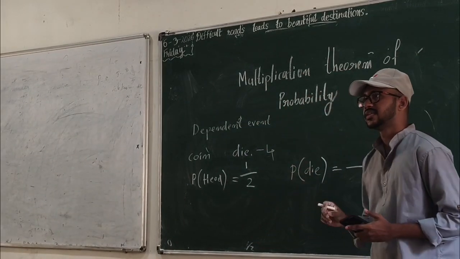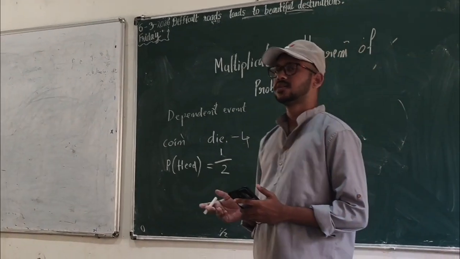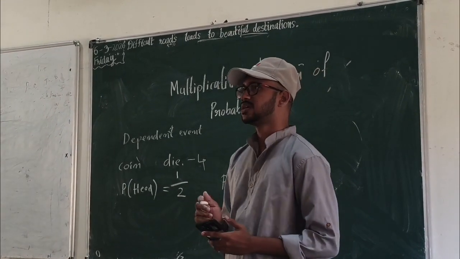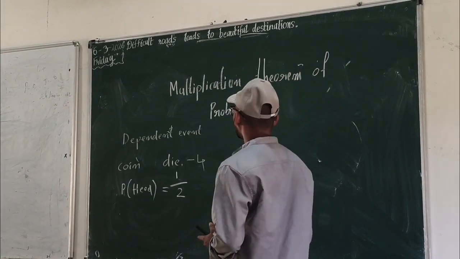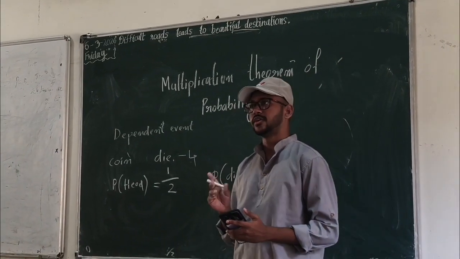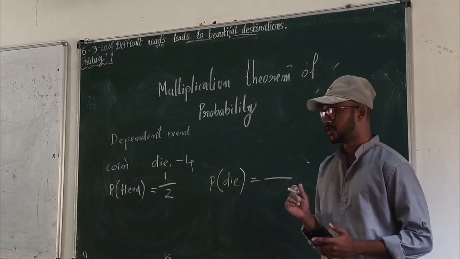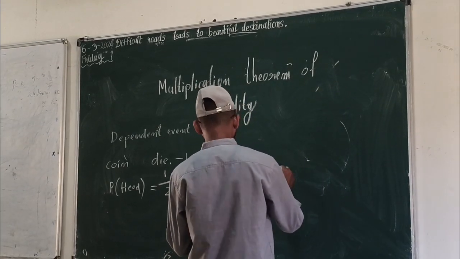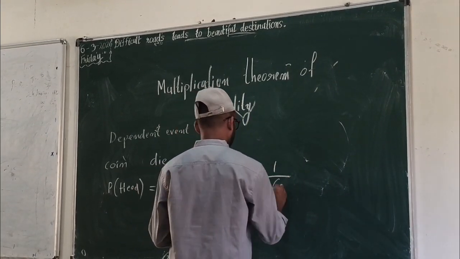For a dice, there are a total of 6 possible outcomes, and for getting a 4 on a dice, there is only one possible outcome for that number. So here also it is 1/6.